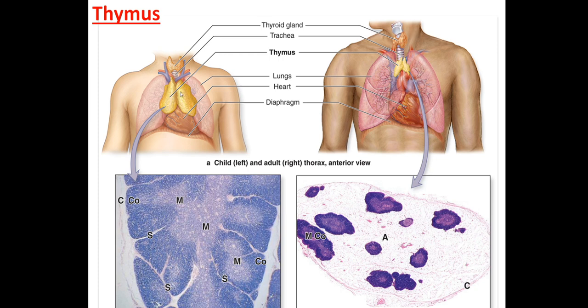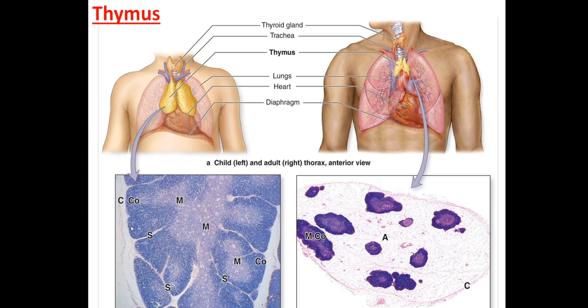Its function is production and differentiation of T lymphocytes. This is the histological section of the thymus. In adults it is inactive, while it is active in children.